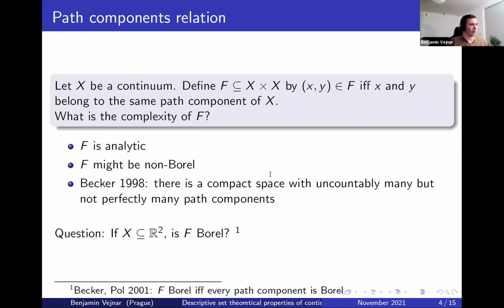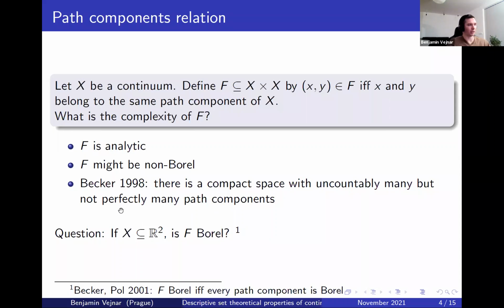And well, it was proved by Becker that there is even a compact space which has uncountably many path components, but not perfectly many path components.